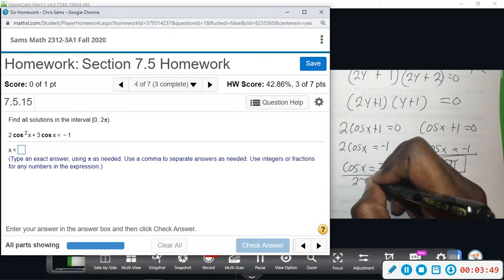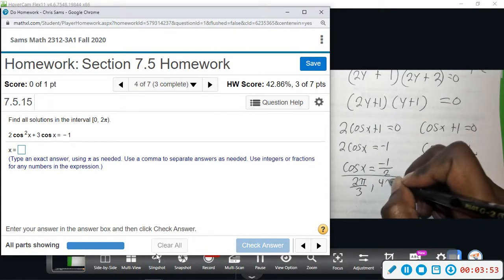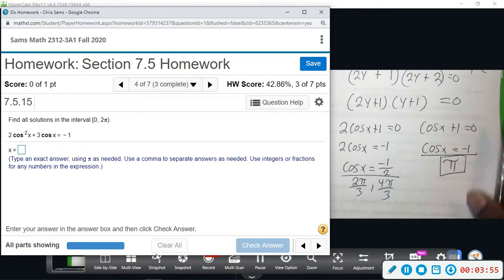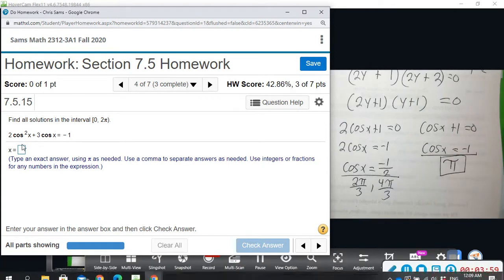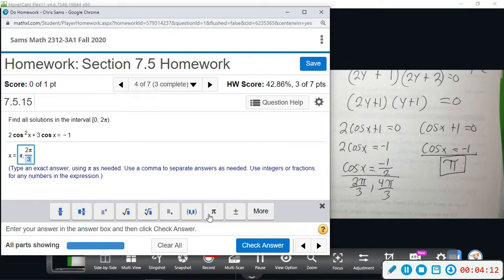That was 2 pi over 3 and 4 pi over 3 from a previous problem. So you can look at the unit circle if you have it memorized. It makes it a little bit easier to get them. I don't think you have to put them in order. So pi, 2 pi divided by 3 and 4 pi divided by 3.